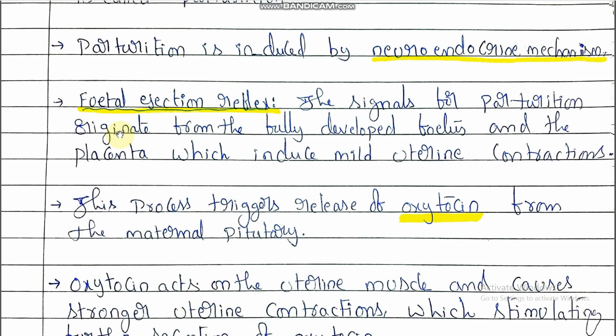First, the signals for parturition originate from the fully developed fetus and the placenta, which induce mild uterine contractions. After completion of the gestation period, the fetus is completely developed, and the fetus and placenta originate signals. Those signals induce mild uterine contractions.